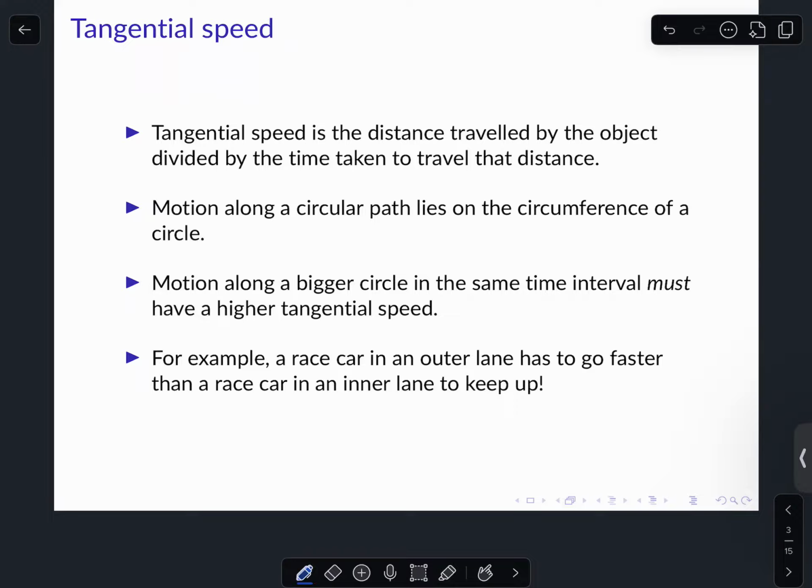That's why I started this lecture off by reminding y'all 2 pi r is the distance around a full circle. What happens if you don't go a full circle? What if you only go a quarter of a circle? What's the length of a quarter of a circle? 2 pi r divided by 4. What if you go over a 16th of a circle? Could you just do 2 pi r divided by 16?